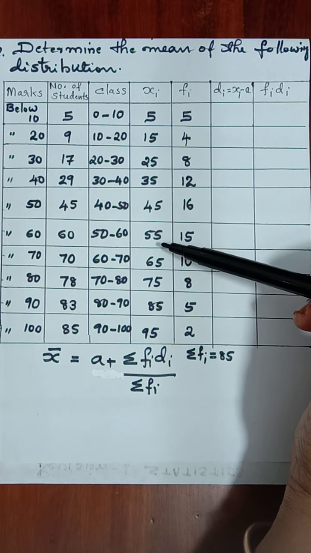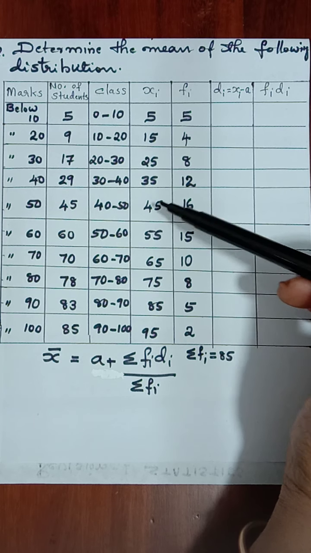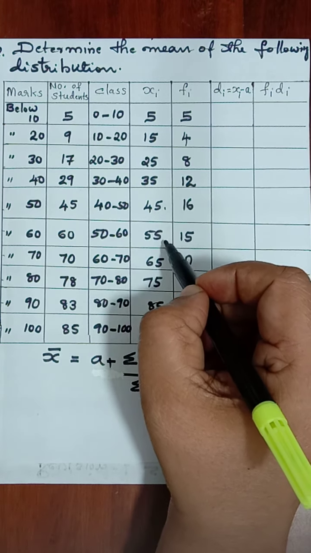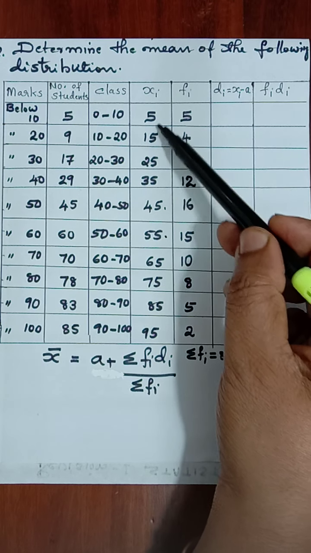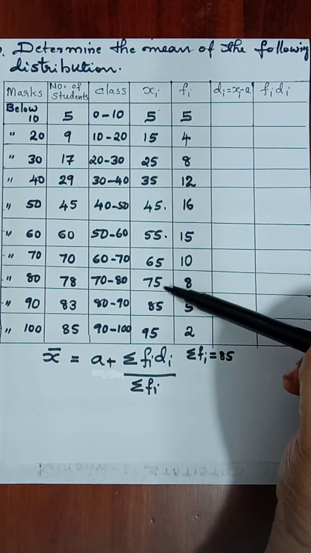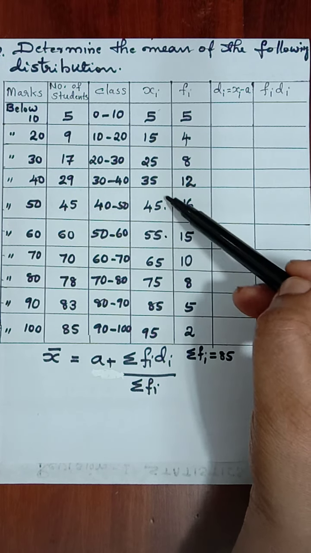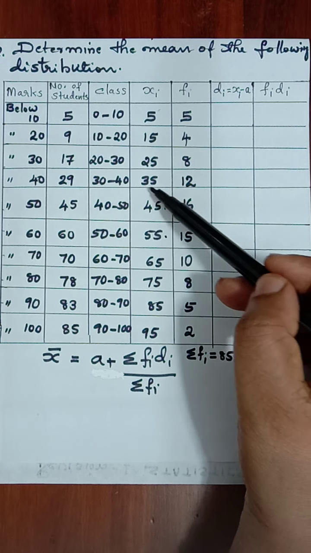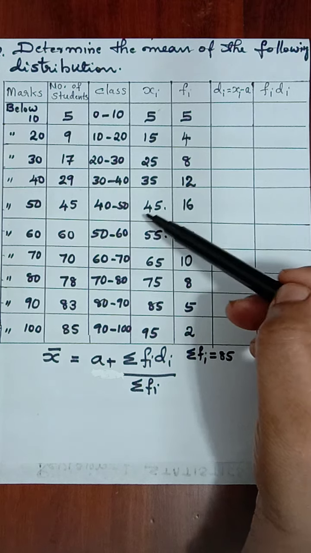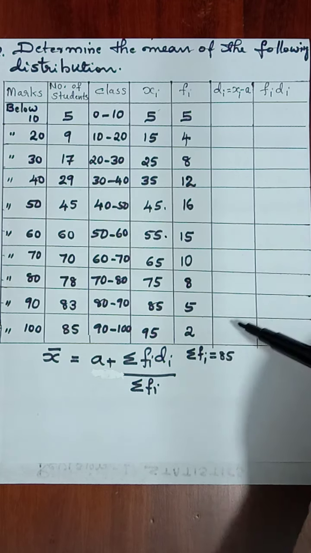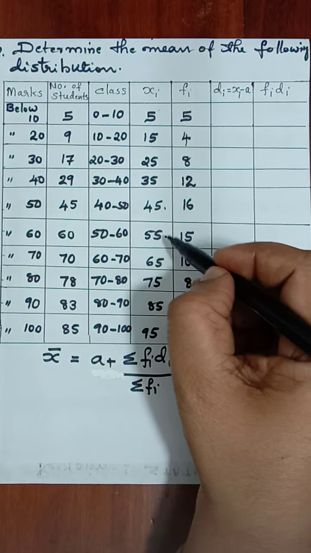There are 2 numbers, therefore we have to choose any one of them. Here you can choose 45 or 55, because there are 4 numbers on each side. So 45 and 55 are the middlemost numbers. The assumed mean can be 45 or 55. According to what you take, the calculation will be different, but the final answer will be the same. So you can choose any one of these.